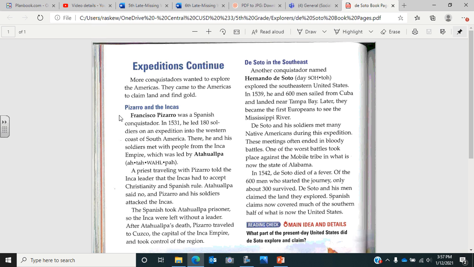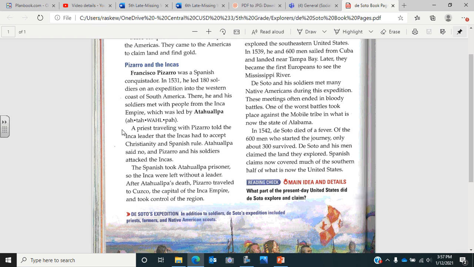In 1531, he led 180 soldiers on an expedition into the western coast of South America. There, he and his soldiers met with people from the Inca Empire, which was led by Atahualpa. A priest traveling with Pizarro told the Inca leader that the Incas had to accept Christianity and the Spanish ruler.